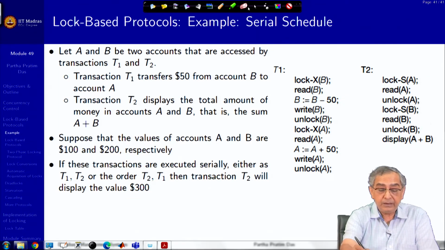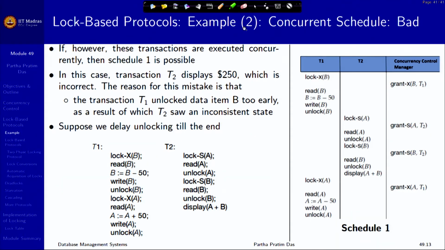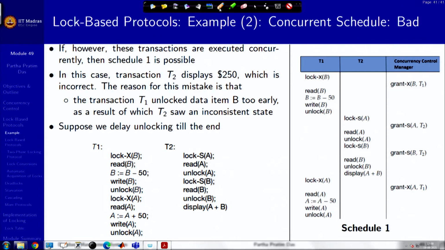Now, let us see what will happen in terms of concurrency. Suppose we make this concurrent. In T1 we have up to this much here, and then we have T2 here, and then again we have the remaining part of T1 here.